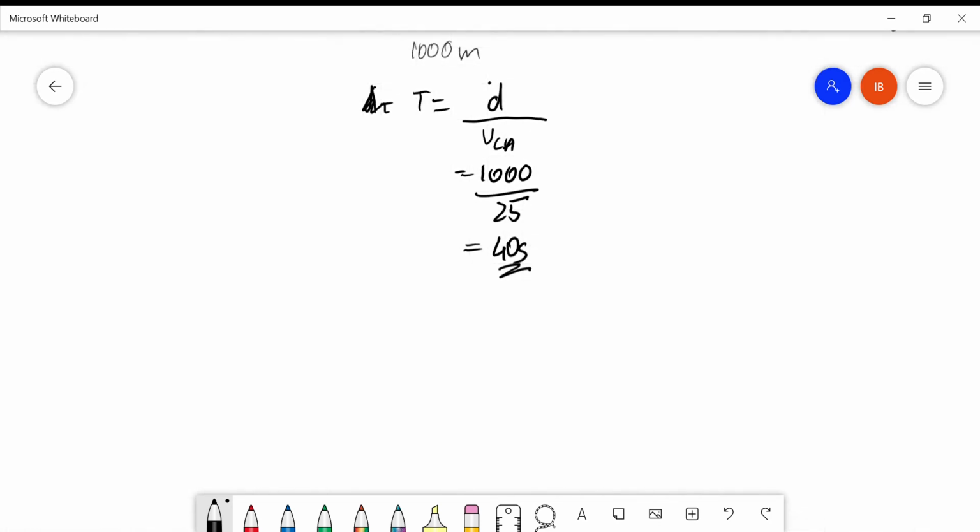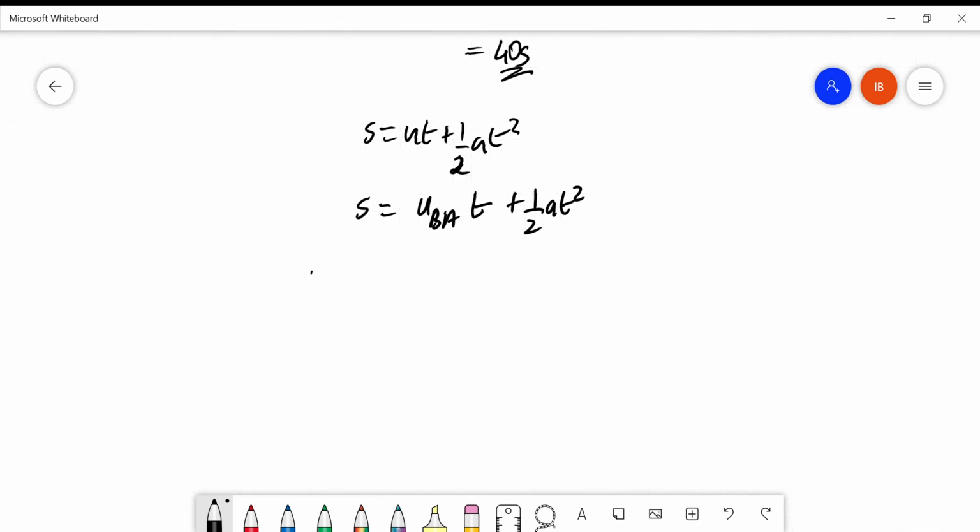Now, since they're asking for acceleration, we have to use S is equal to UT plus half AT square. So S is equal to UB T plus 1 by 2 AT square, which is 1000, distance 1 km, is equal to 5 into 40 plus 1 by 2 into A into 40 square.